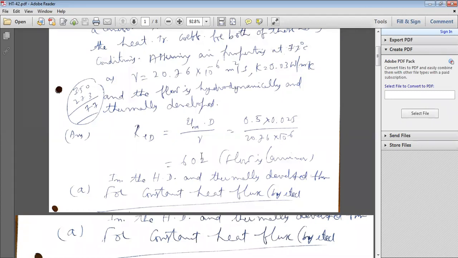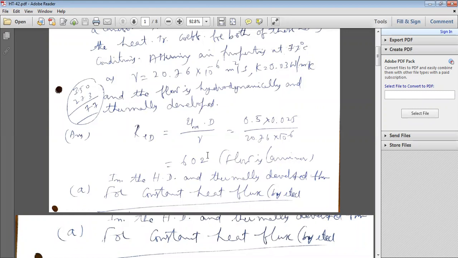In a tube flow, when the Reynolds number is less than 2000, that is laminar flow. If the Reynolds number is between 2000 and 4000, that is transition flow. If the Reynolds number is greater than 4000, that is turbulent flow.